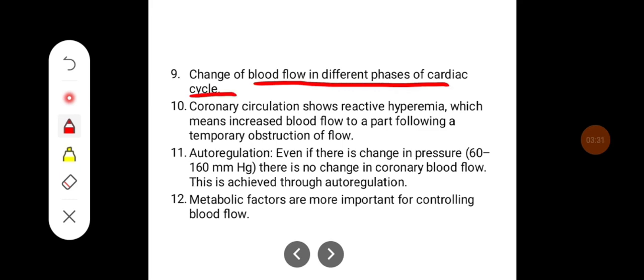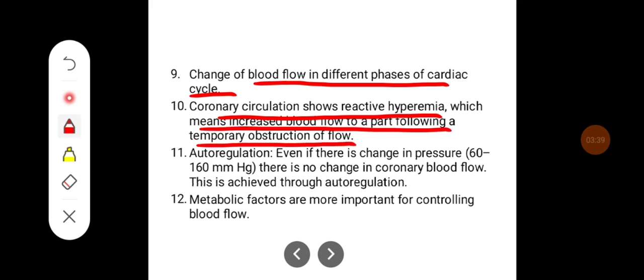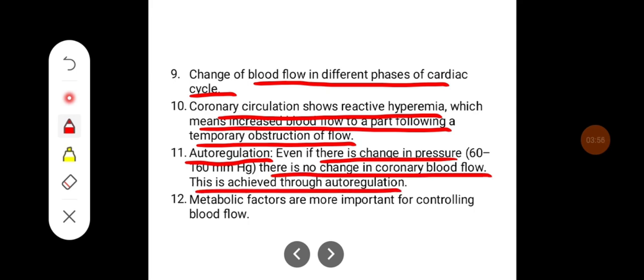Coronary circulation shows reactive hyperemia, which means increased blood flow to a part following a temporary obstruction of flow. And there is autoregulation: even if there is a change in pressure, between 60 to 160 mm of mercury, there is no change in coronary blood flow. This is achieved through autoregulation, and metabolic factors are important for controlling the blood flow.